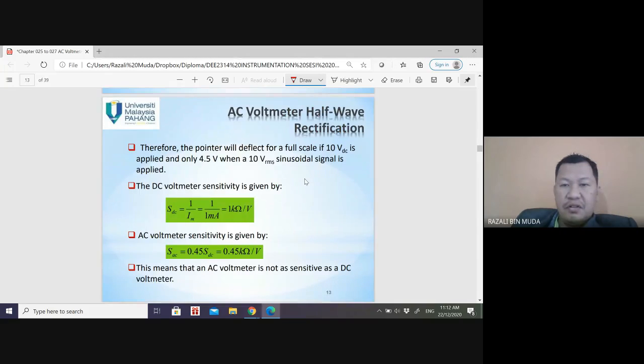Therefore, the pointer will deflect full scale when 10-volt DC is applied, and only 4.5 volt when a 10 V RMS sinusoid signal is applied. This sentence says that with the same circuit, if you use 10-volt DC, the pointer will deflect full scale. But if you use 10-volt RMS AC with a half-wave rectifier, the pointer will only deflect up to 4.5 volt, or 45% of full scale.